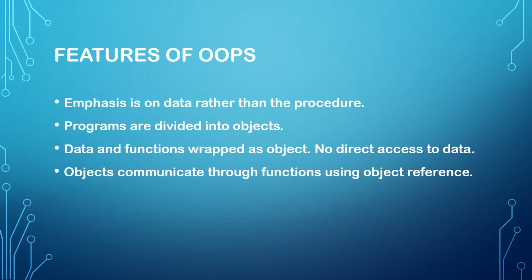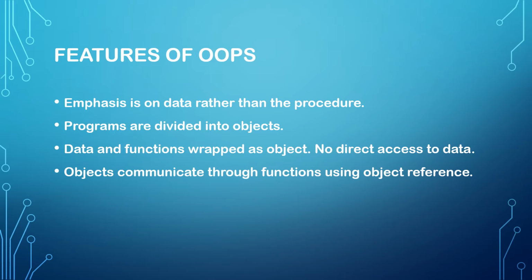Features of OOPS. Object-oriented programming language provides an easier and faster way to execute your code. It gives importance to the data rather than your procedure. A program is divided into a number of objects. The object is a combination of data and functions.